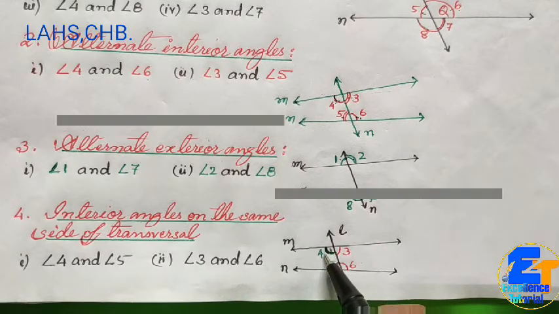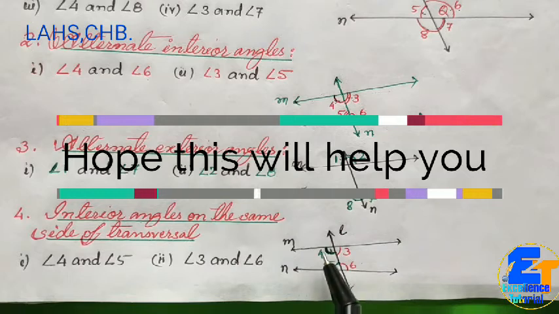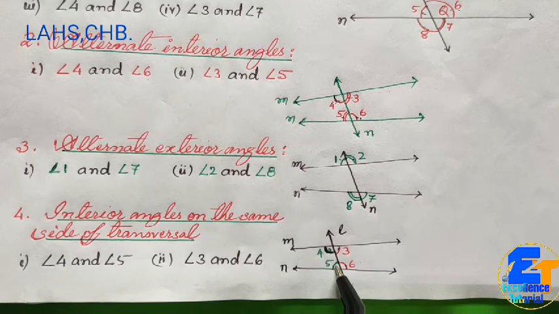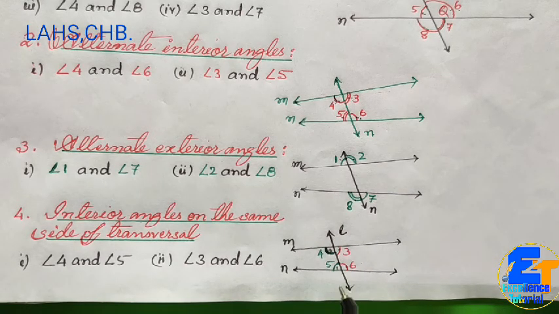You can see in the figure that these are on the left-hand side, and these two are on the right-hand side. So these two angles are called the angles formed on the same side of the transversal, and this pair of angles is formed on the left part of the transversal.